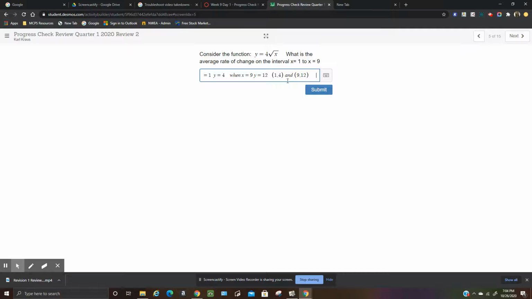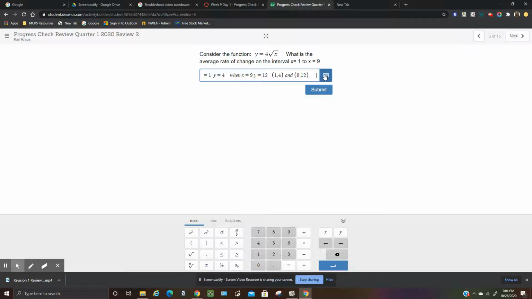So, using the slope formula, or rate of change, 12 minus 4 over 9 minus 1.